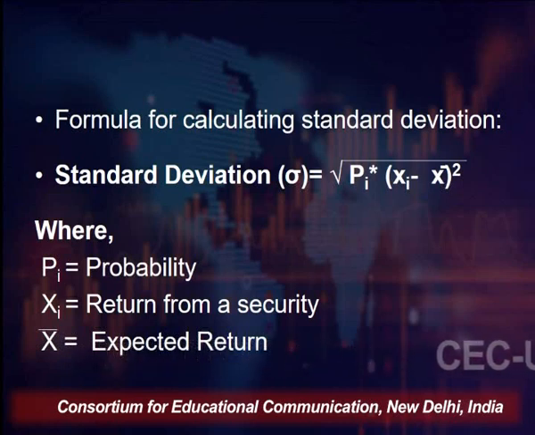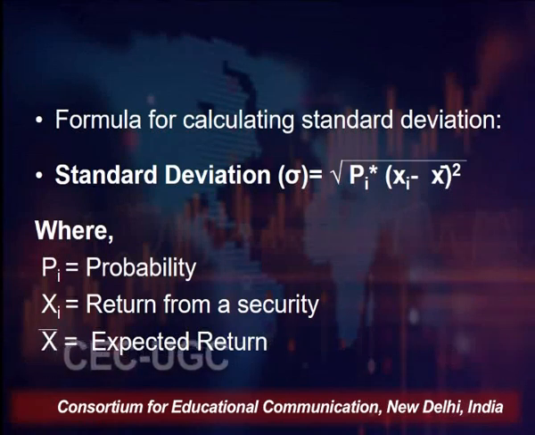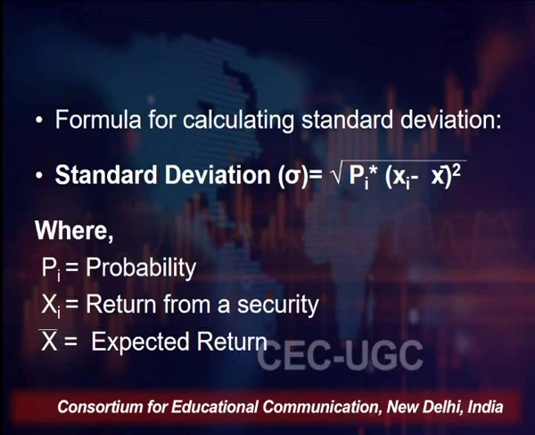That will give you the standard deviation. So Pi is the probability, Xi is the return from a security, X bar is the expected return, you can say mean return, right? So the square root of the summation of Pi times (Xi minus X bar) whole square is the formula for calculating standard deviation when the probability is given.